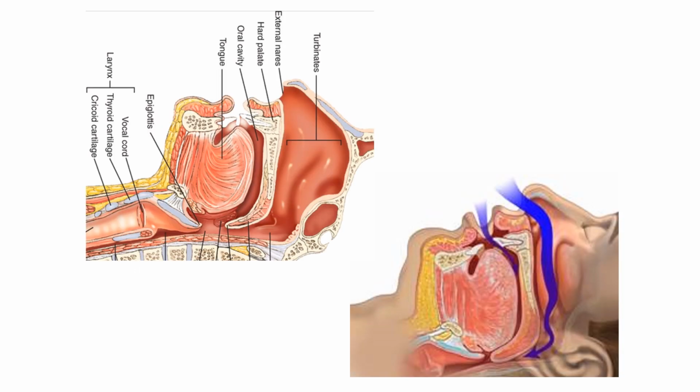In the picture in left top corner, you can see the anatomy model of airways. In the right bottom corner, you can see the picture when the patient is unconscious and the soft tissues are falling in and laying in hypopharynx, and our airways are obstructed.